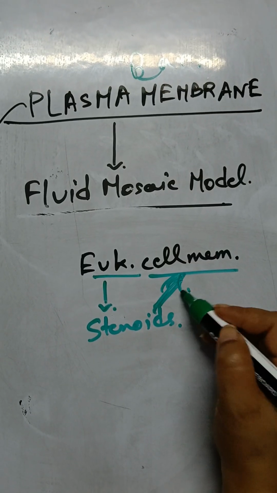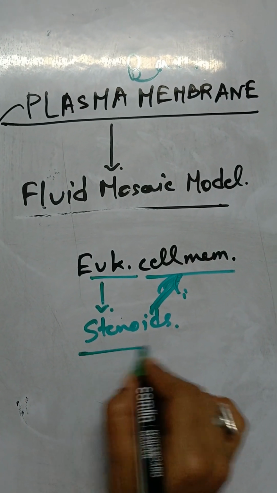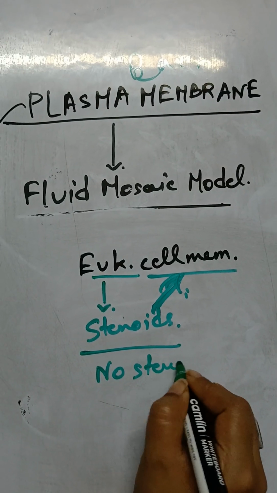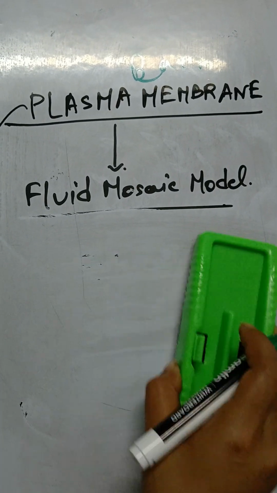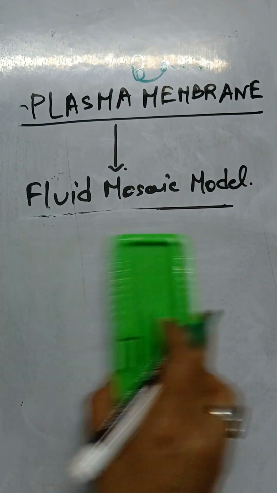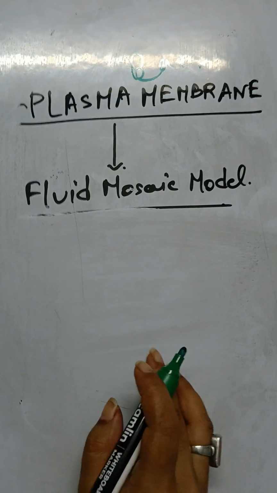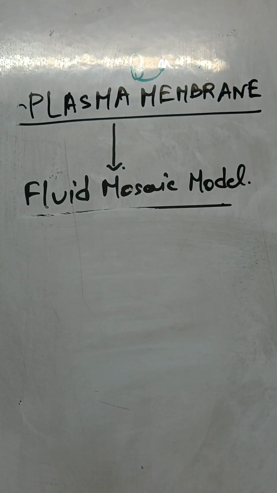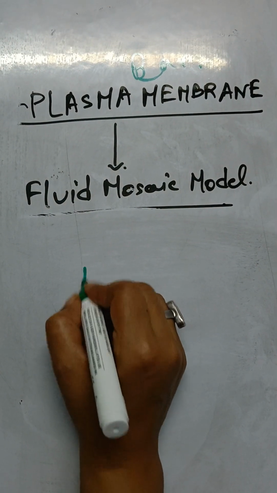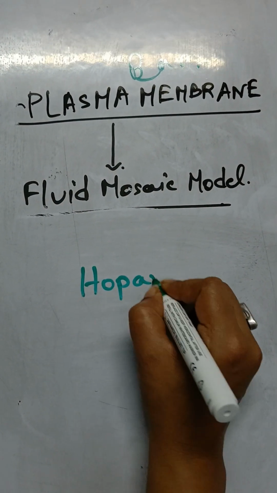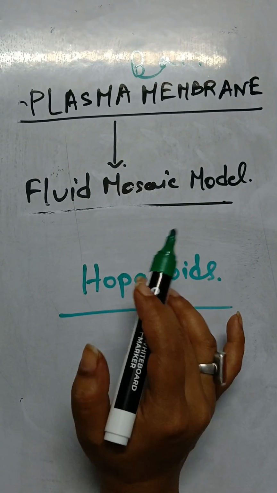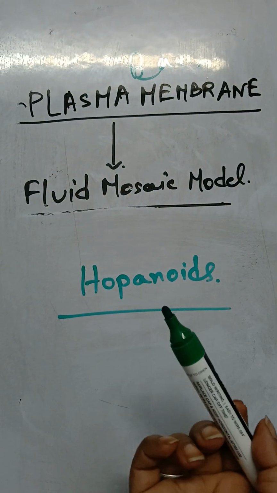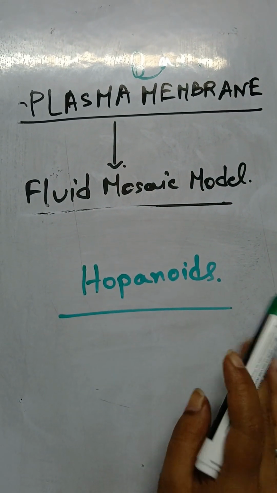But in case of the bacteria, no steroids are there. But later, in case of a few bacteria, the scientists could visualize that some sterol-like substances are present in the bacterial cell membrane, which are known as hopanoids. These hopanoids are sterol-like substances present in the plasma membrane of the bacterial cell, but not in all bacteria, only a few.